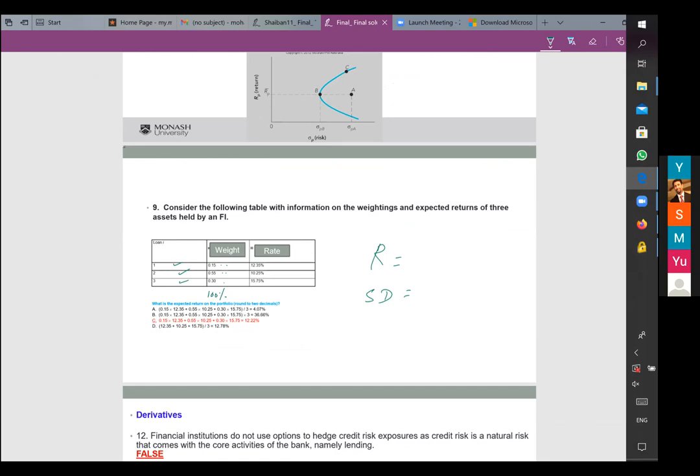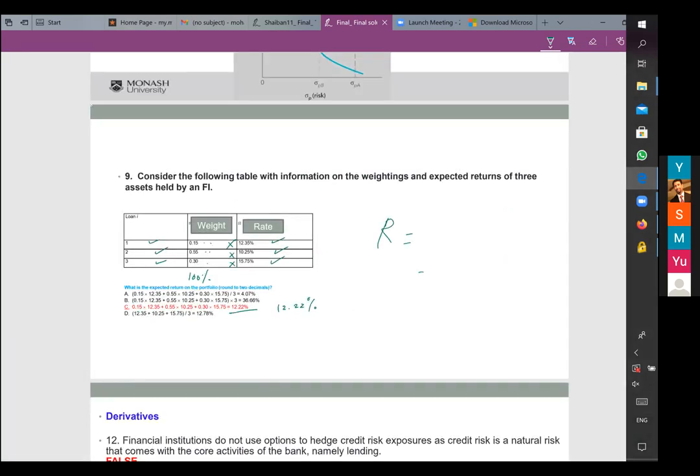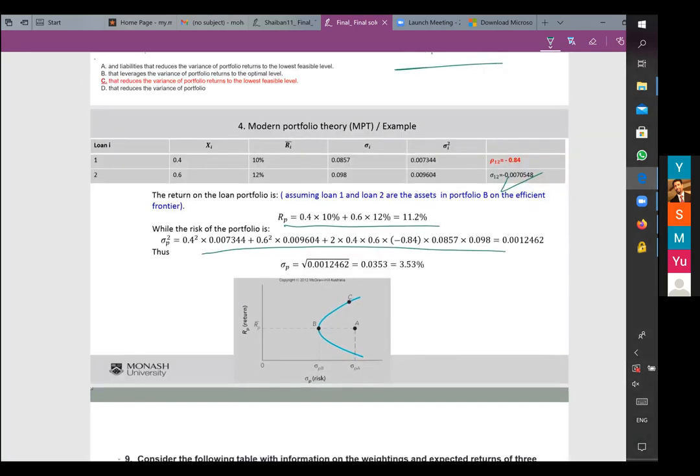And the rates of those bonds of the portfolio are 12.35, 10, and 15.75. I can get the average R, or the R for the portfolio: you just calculate this times this, this times this, this times this, and you add them up. And this is what I did. So the portfolio is 12.22. This is the return of the portfolio. This is straightforward for the R.